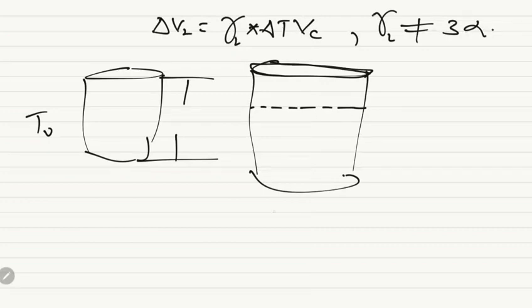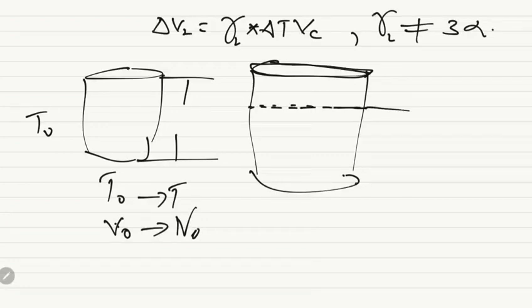Due to the change in heat, the temperature T naught is changed to some temperature T, so the volume also changes from the initial volume V naught to a final volume V. This is the volume of the liquid at the colder temperature, which is equal to the volume of the container, because it was filled with the liquid.